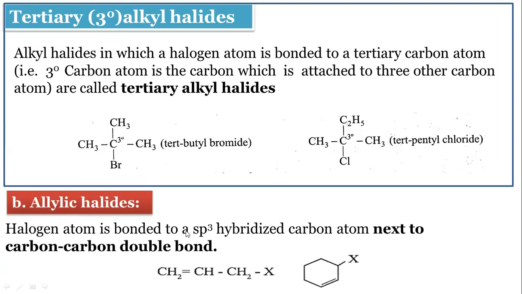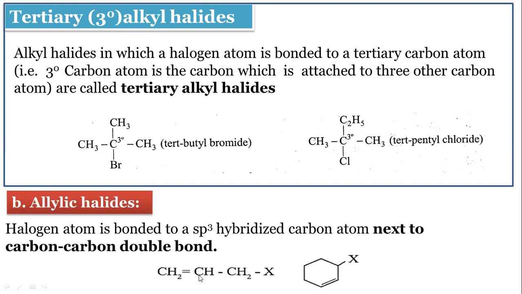The halogen atom is bonded to the sp3 hybridized carbon. Sp3 hybridized means single bonded, sp2 means double bonded, and sp means triple bonded. So X is bonded to the carbon. See here, clearly it is saying X is bonded to the carbon. This carbon is sp3 hybridized because it has single bonds. If a double bond is there, this carbon is sp2 hybridized.